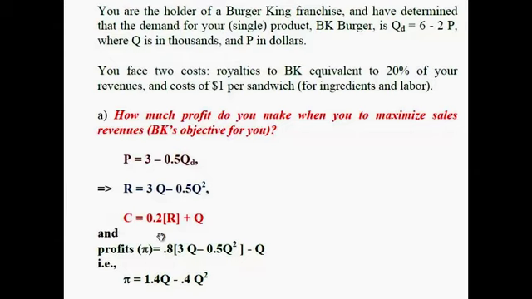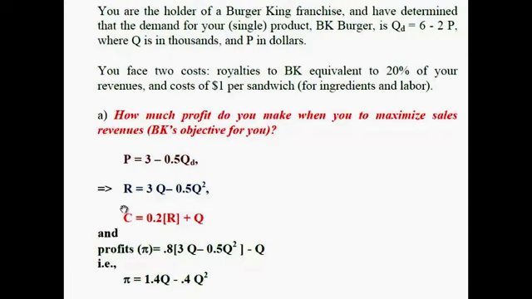This helps us to construct the cost function. C equals 20% of the revenue plus $1 per sandwich, and therefore the coefficient on the Q term is understood to be 1, the $1 per sandwich. We determine profits by multiplying price times quantity to get revenue and subtracting the cost from the revenue.